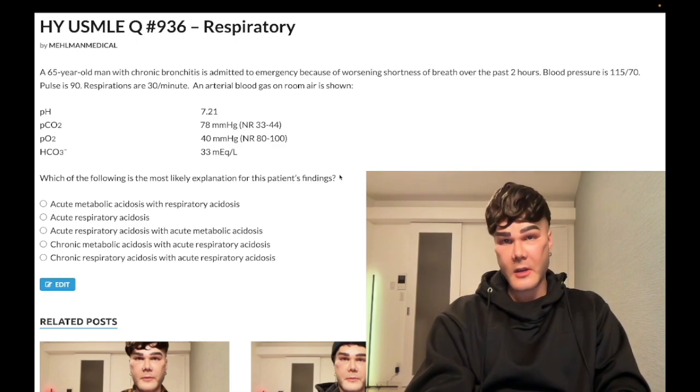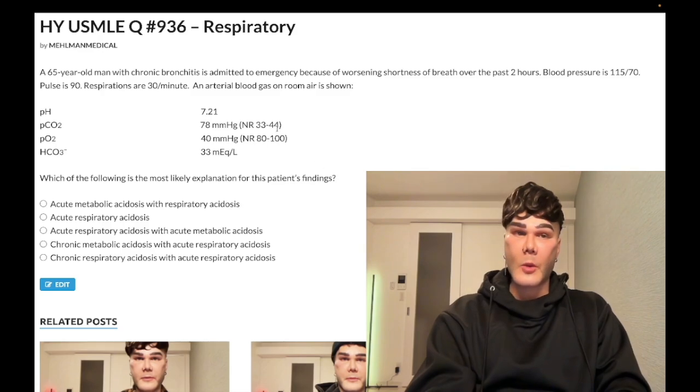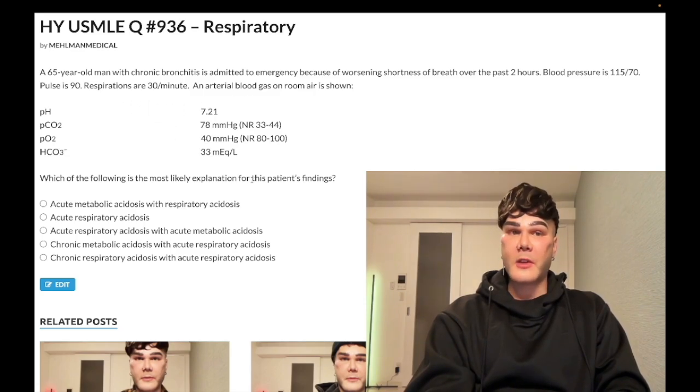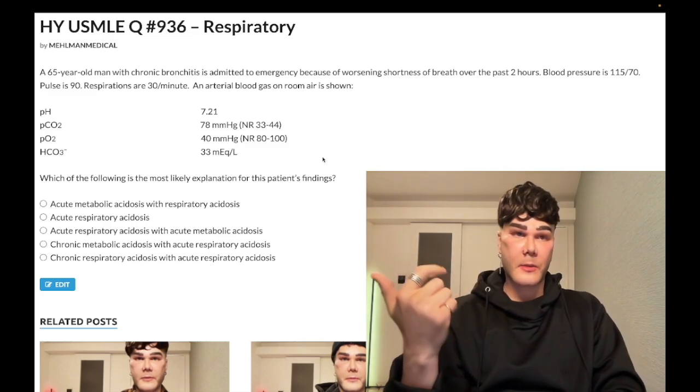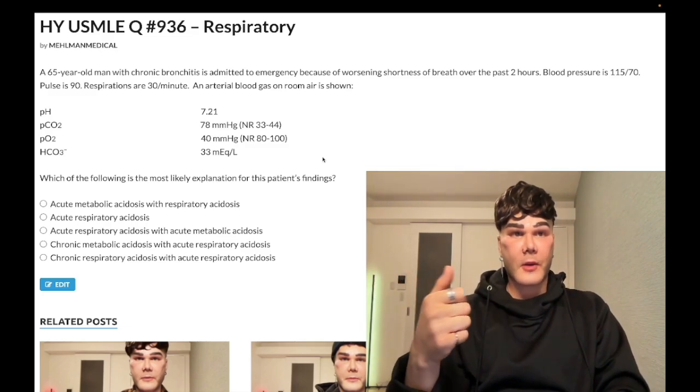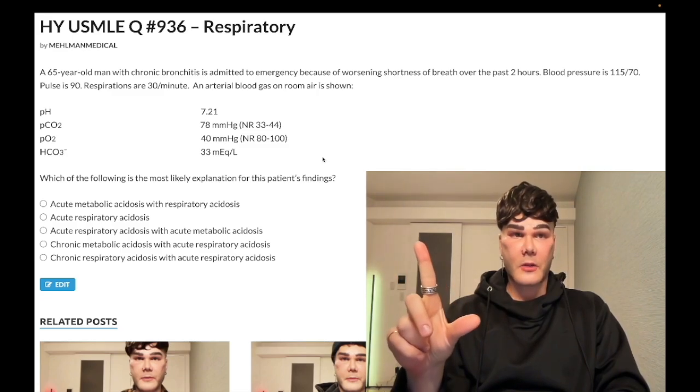Now, a challenging detail: some of you who are very astute will note that the respiratory rate is elevated. You need to know that COPD is the only condition where, even during an acute exacerbation and even with an elevated respiratory rate, you're still going to have an acute respiratory acidosis on chronic respiratory acidosis. For example, in an acute asthma attack or pulmonary embolism, you have acute respiratory alkalosis, not acidosis.